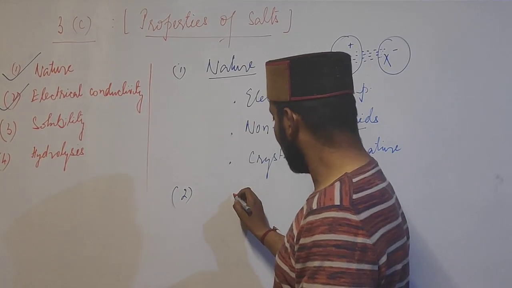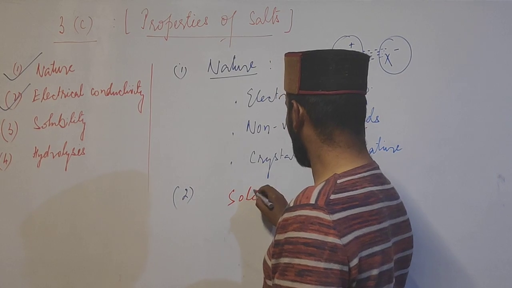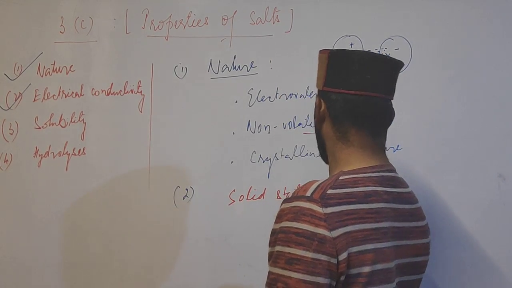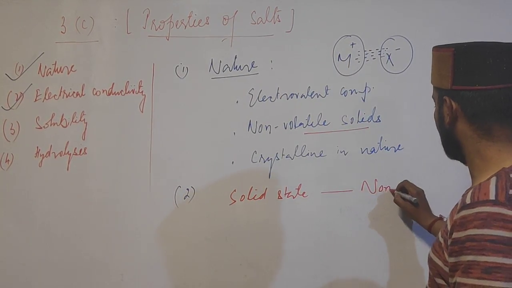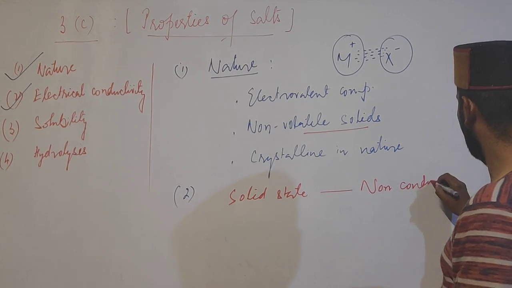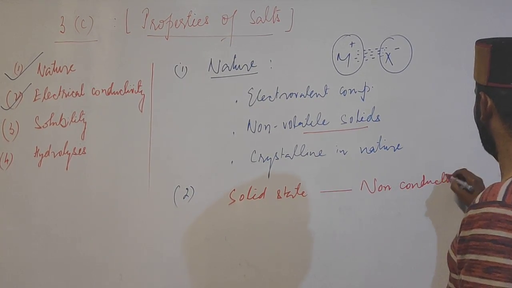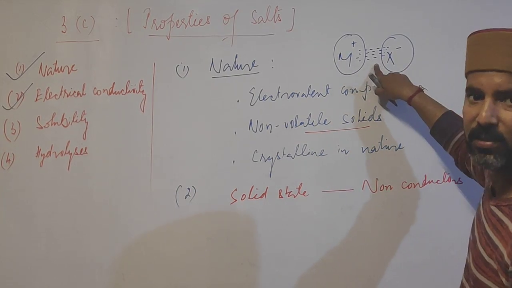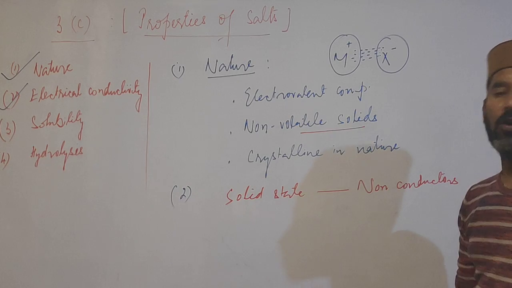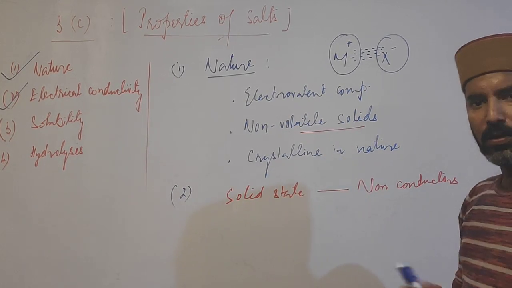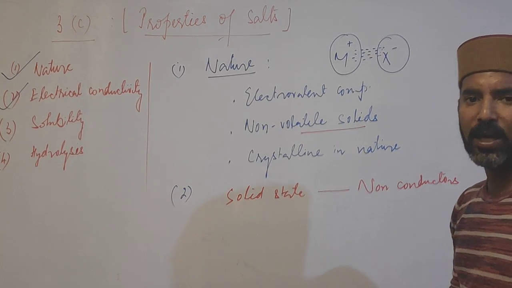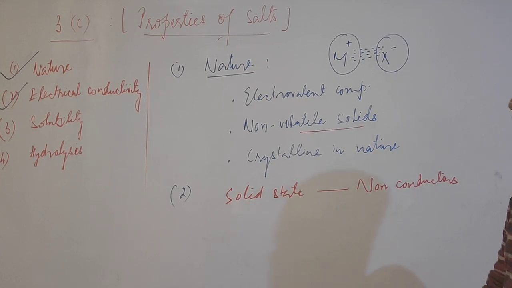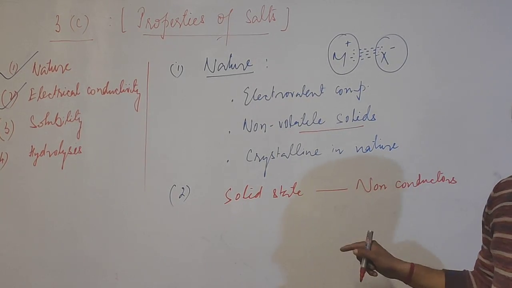So in solid state, they are non-conductors, means they do not conduct electricity. This is because in solid state these ions are held firmly by the strong electrostatic forces, so they are not mobile and therefore salts do not conduct electricity in solid state.